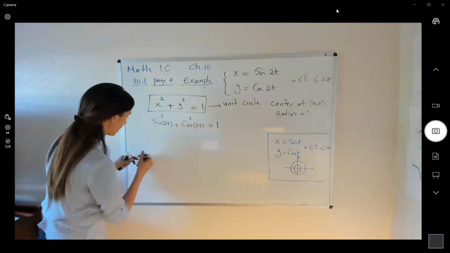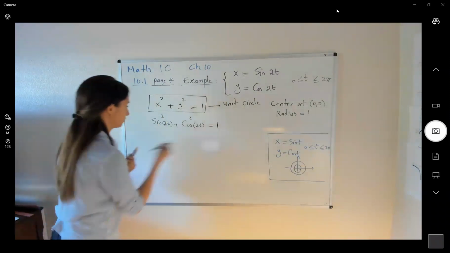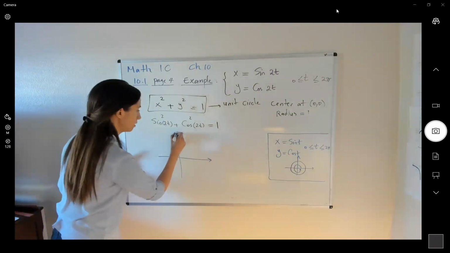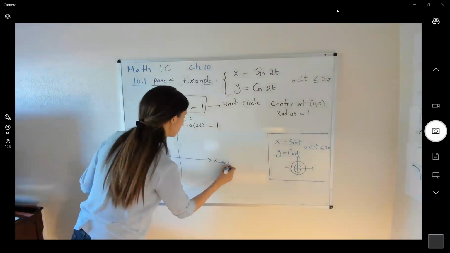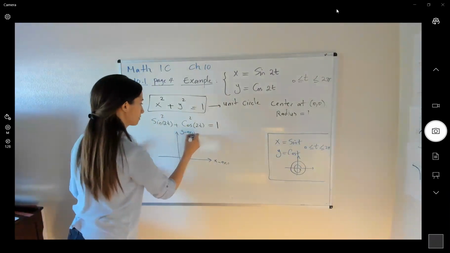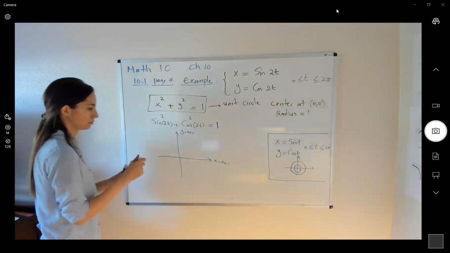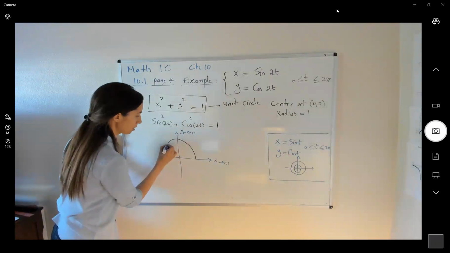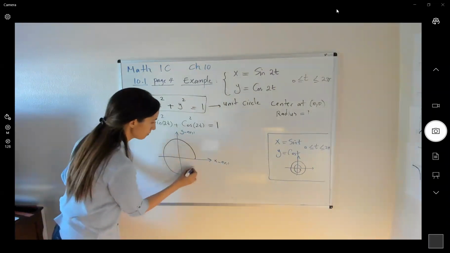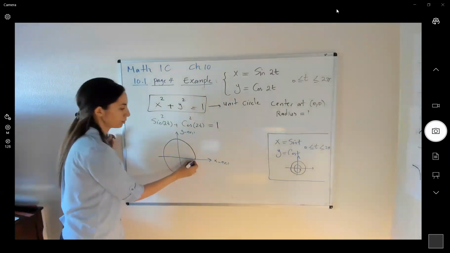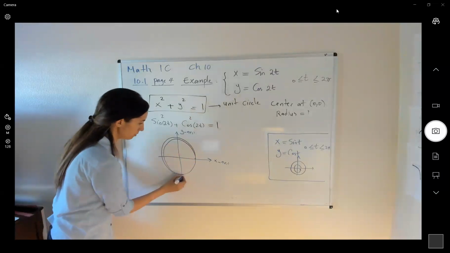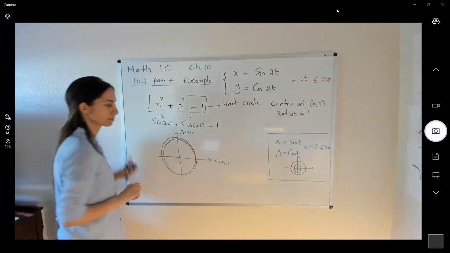So if you want to graph this, the behavior of your particle is like this. X-axis, y-axis, starting from the origin, rotating once. It doesn't stop here. Rotating a second time, then it stops.